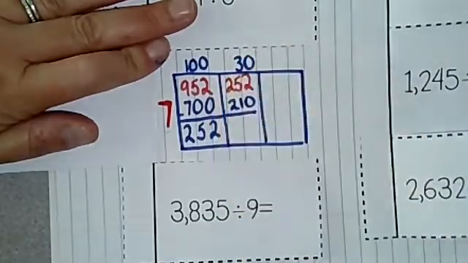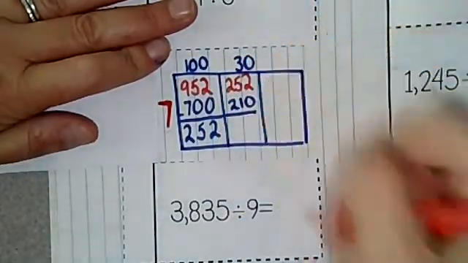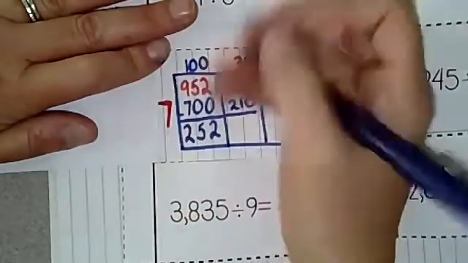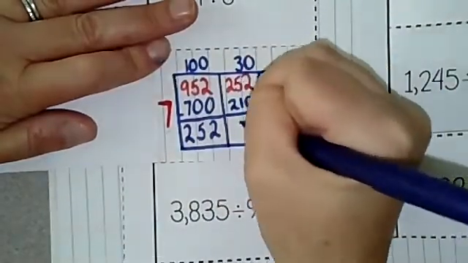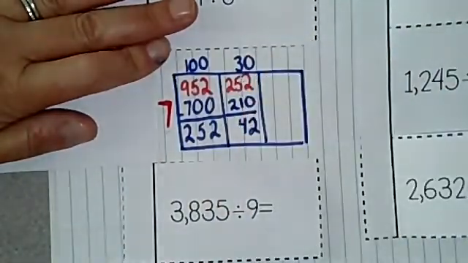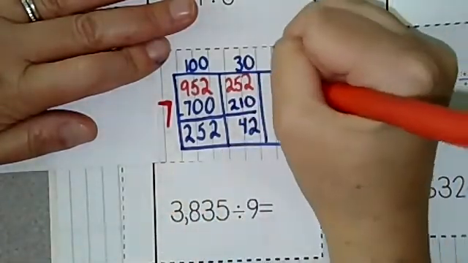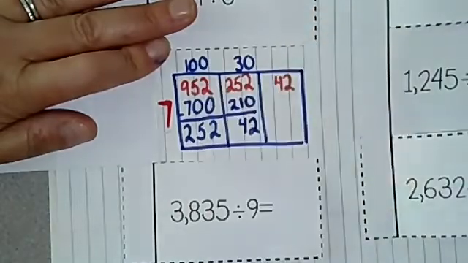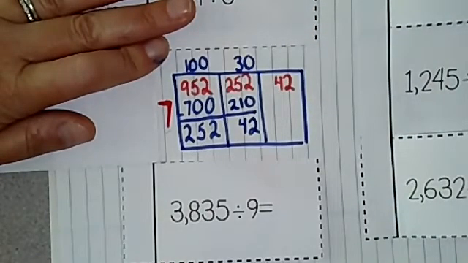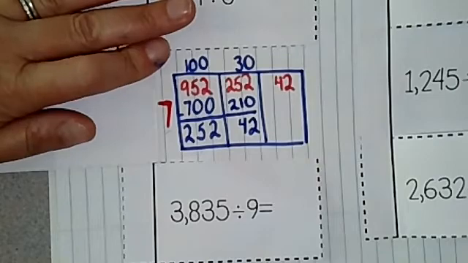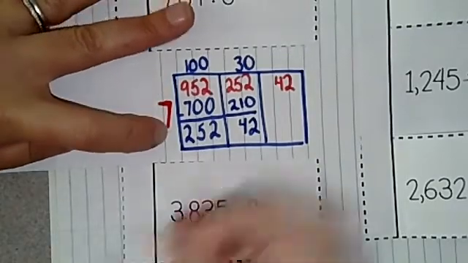That's really good, Oriana. So 2 minus 0 is 2. 5 minus 1 is 4. And that's it. Move your number up. 42 moves up. How many 7s are in 42? Landon. Very good.